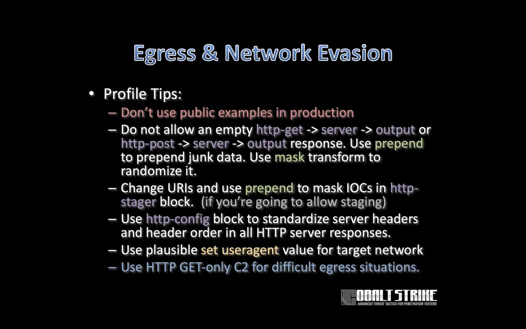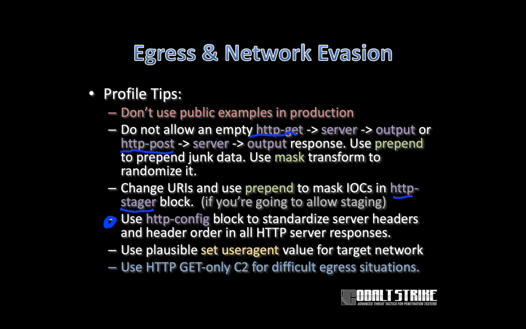I do recommend that you use the HTTP config block to standardize server headers and server header order in all of Cobalt Strike's HTTP server responses. If anything, it'll save you the effort of populating the get, post, and stager blocks with the same headers.